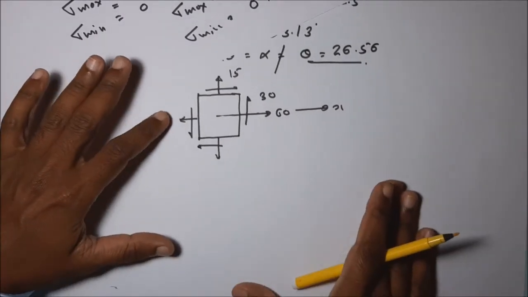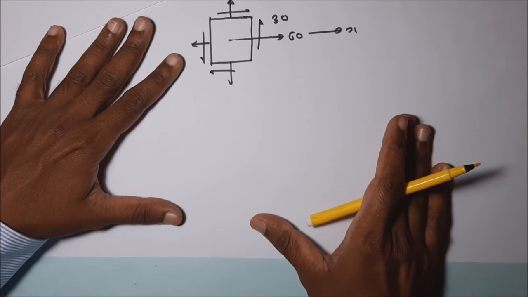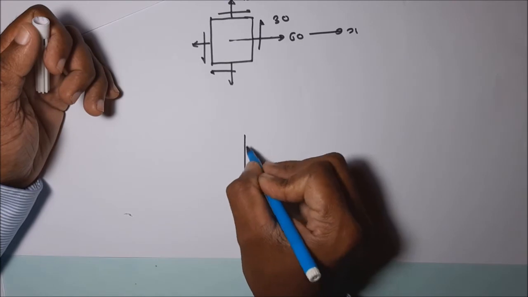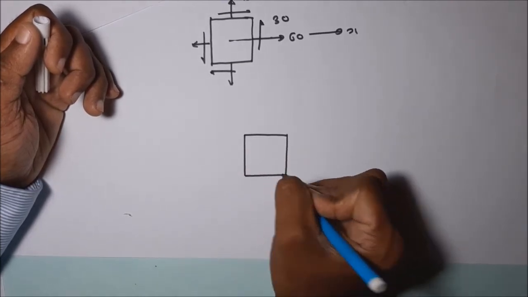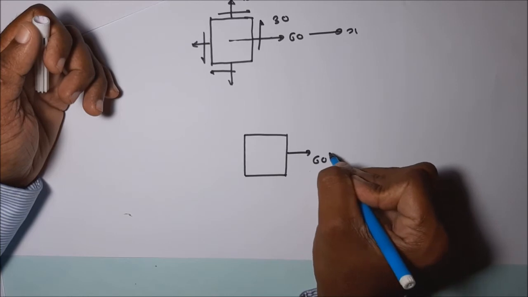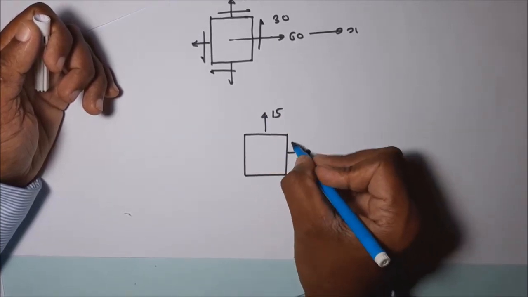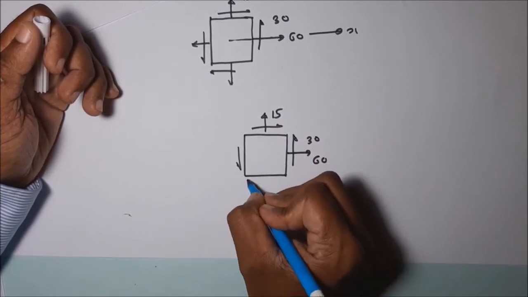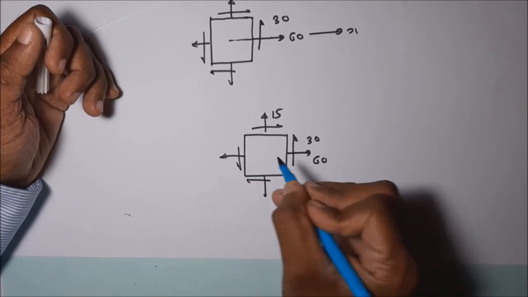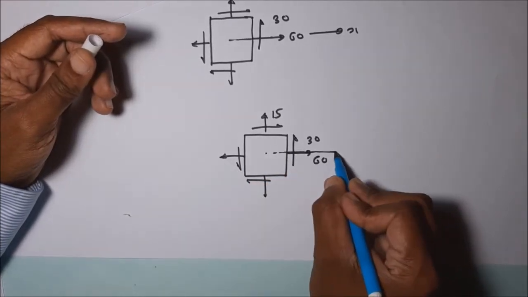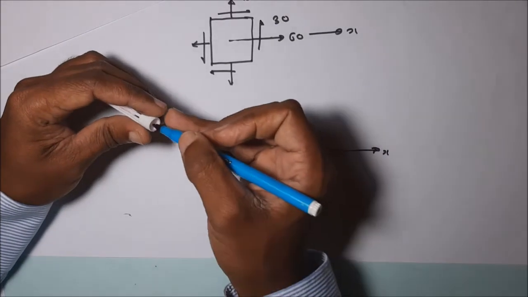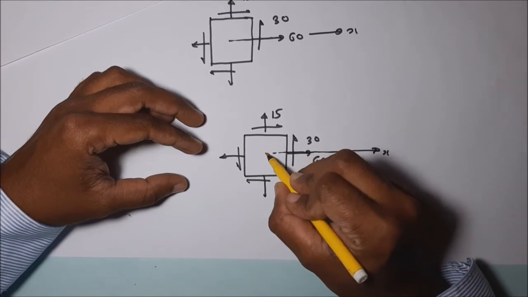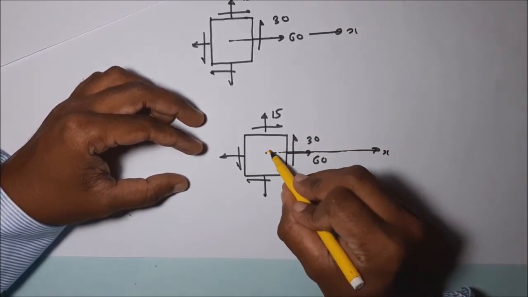Better to draw somewhere here, we should have more space. I will draw this one. Here it is 60. Here it is 15. Here it is 30. Then this is the x coordinate direction. Then alpha at an angle of 26.56.